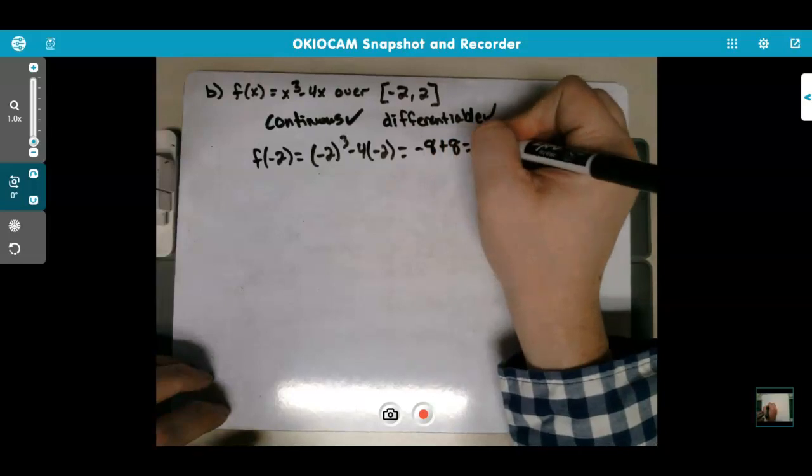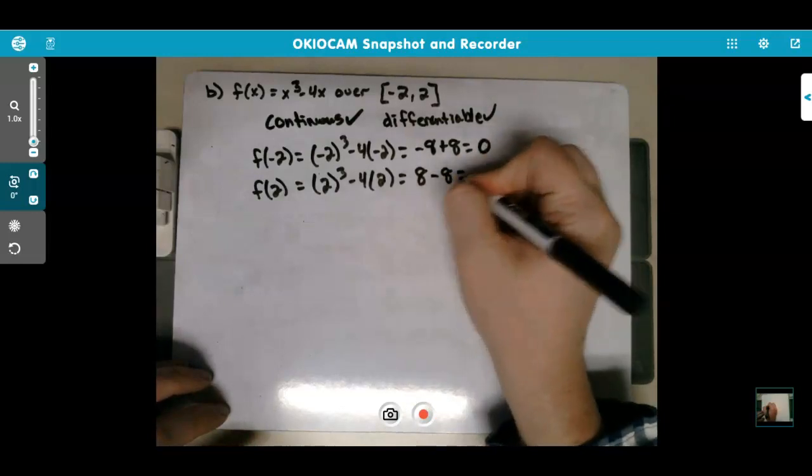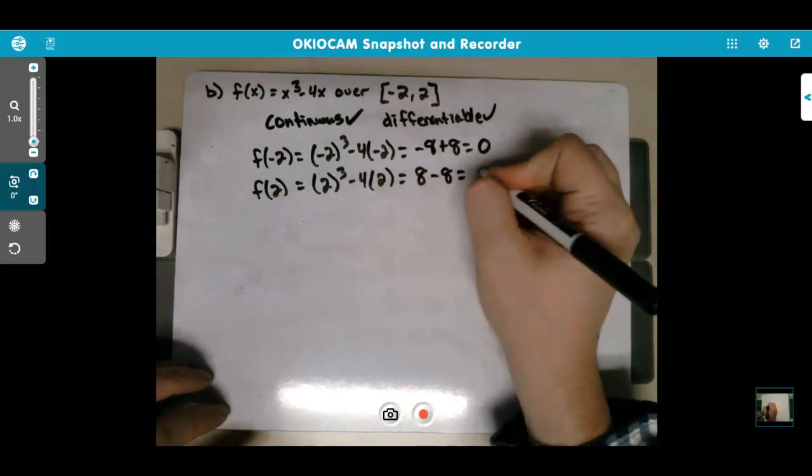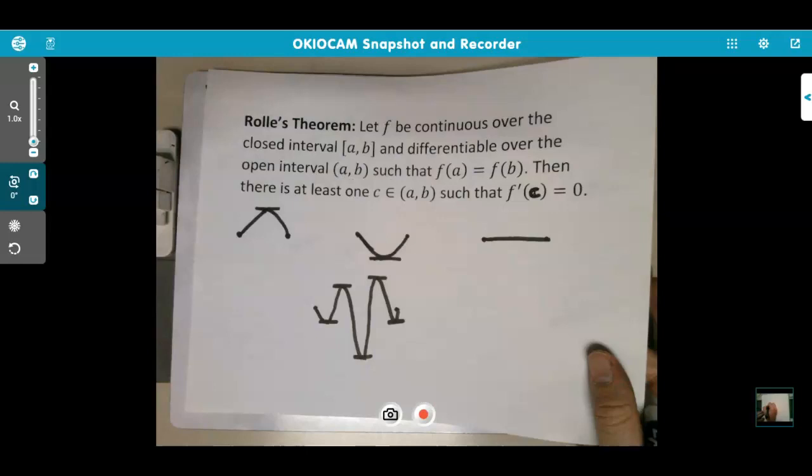Do the same thing for 2 and make sure they're the same thing. 2 cubed minus 4 times 2. 2 cubed is 8. Negative 4 times 2 is negative 8. So I get the same thing. So that is good. So since f of a is equal to f of b, I can use this. And that's fine. So I know there is a point between them such that the derivative is equal to 0.